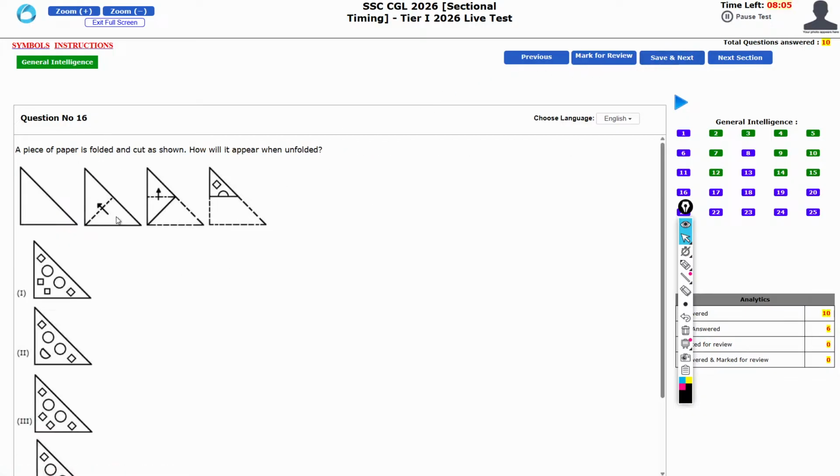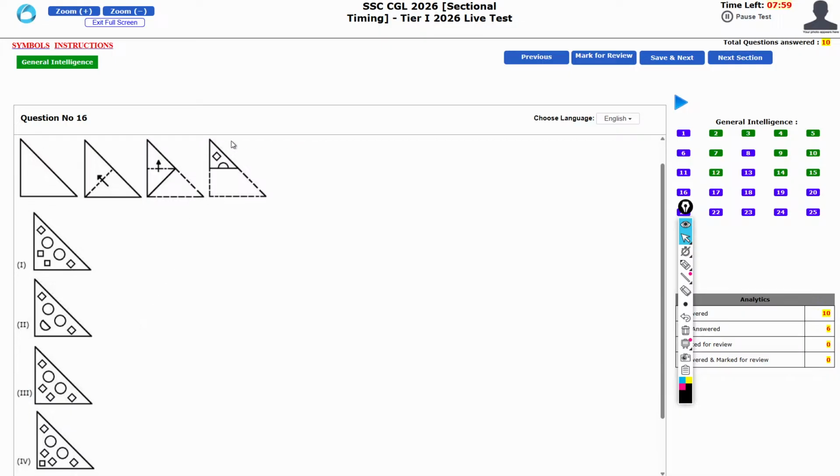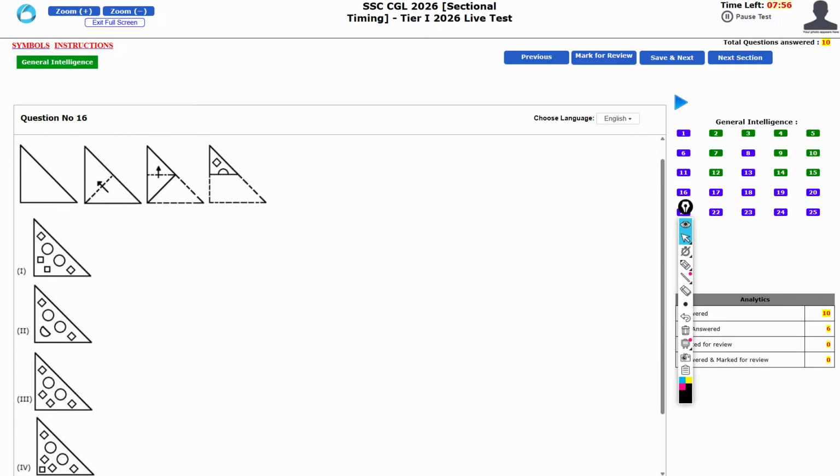A piece of paper is folded like this, and then cut. Okay. So a full circle here at first. My God. So full circle will prevail here. And I don't think this thing will be there.